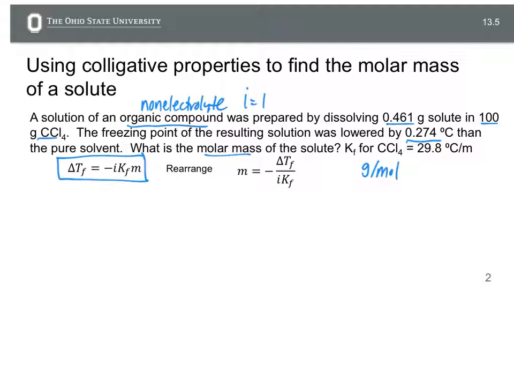And from there, we can plug in what we know. So we'll say that molality is going to be equal to the change in the freezing temperature, which we said was 0.274 degrees Celsius. There's a minus sign here.